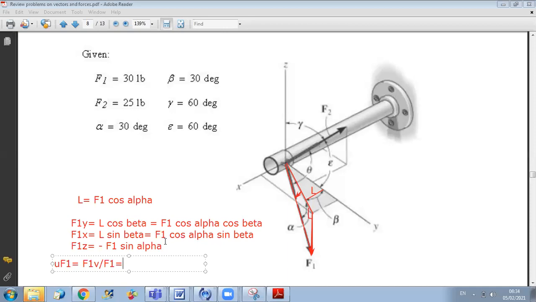So if I divide by F1, my unit vector will be cosine alpha times sine beta along i. What will be the component along j for the unit vector?